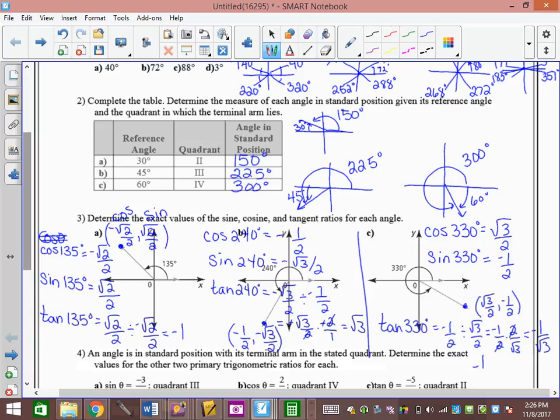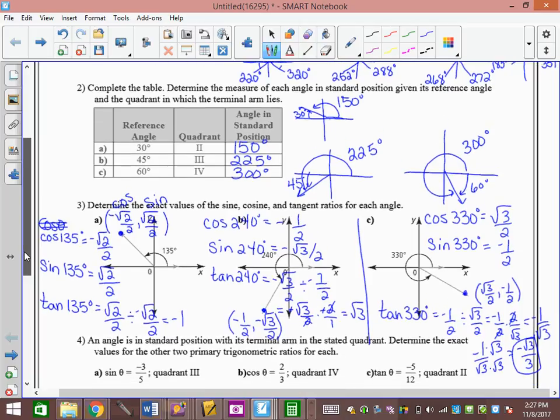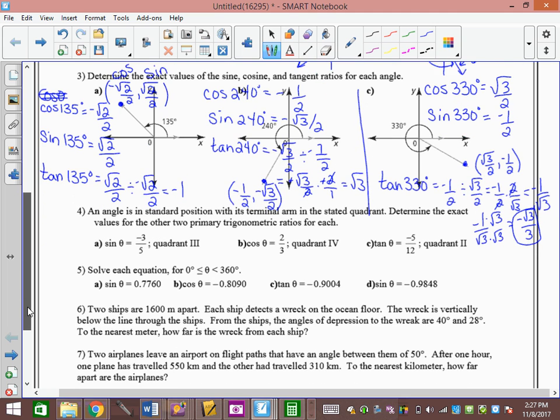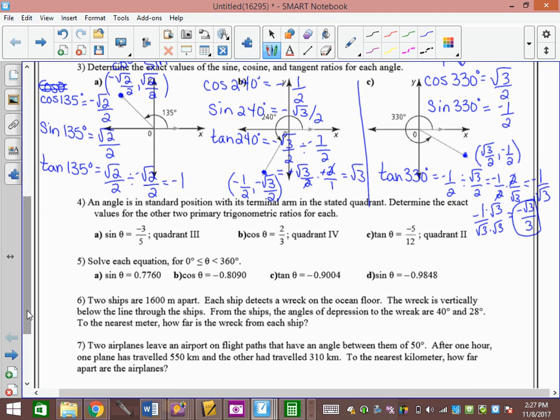So negative 1 over root 3 times root 3 equals negative root 3 over 3. You have to rationalize the denominator.